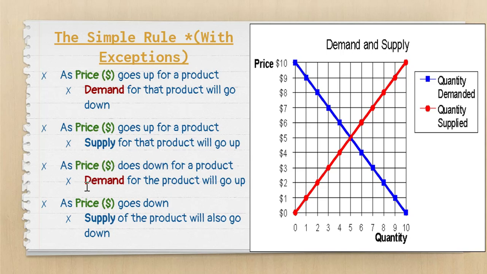Because I want something super cheap, so demand's going to go up when that price goes down. And then lastly, if price is going to go down and I am the producer of a product, well, I'm not going to supply as much because it's worth less money. And so those are the simple rules, with exceptions, that we will follow when we look at these graphs.